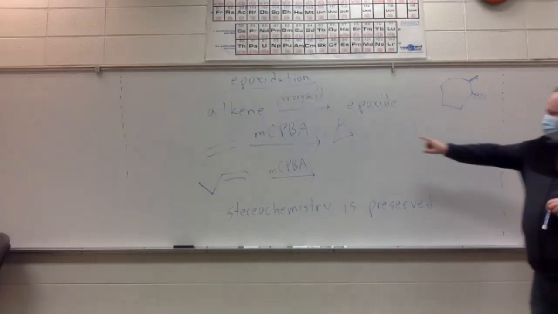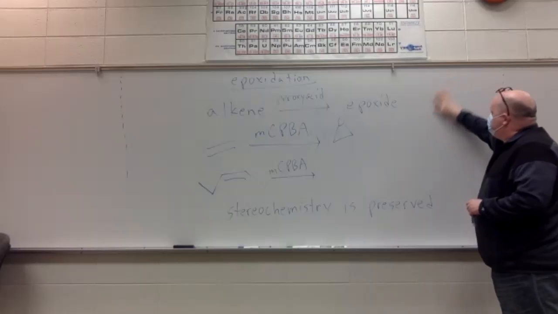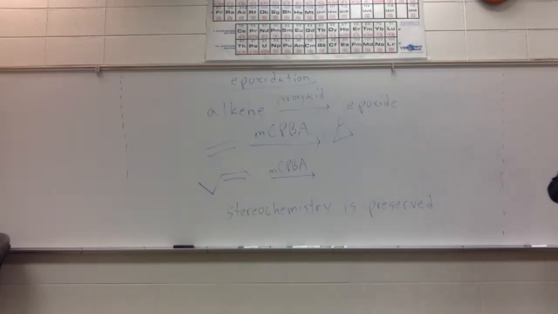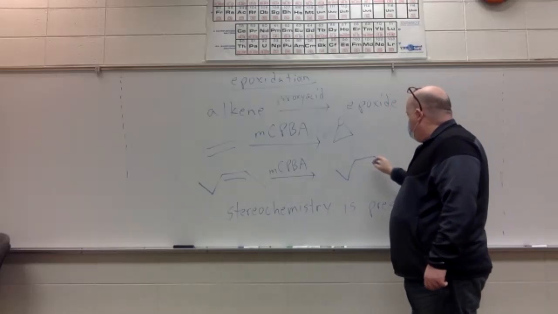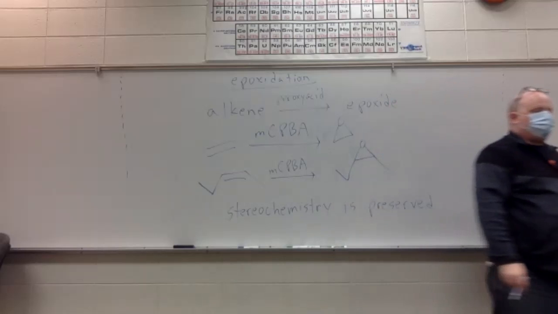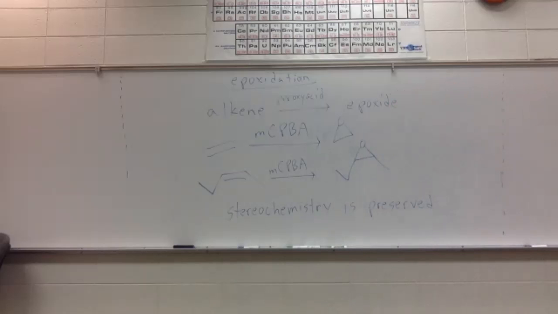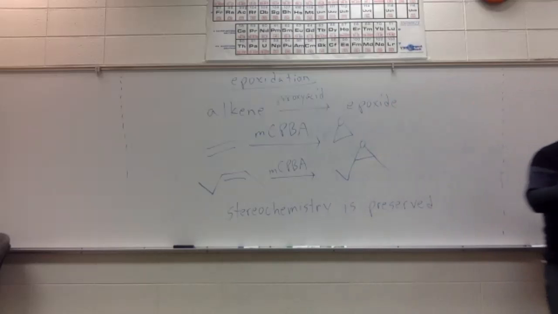Well, guess what? You're making a ring structure as a product. So when you draw an epoxide, you got to ask yourself, okay, well, I'm making a ring. How are these two substituents, this ethyl group and this methyl group, going to be related to each other stereochemically?